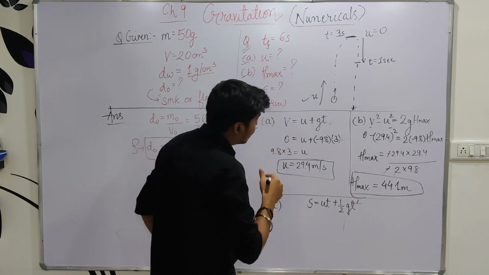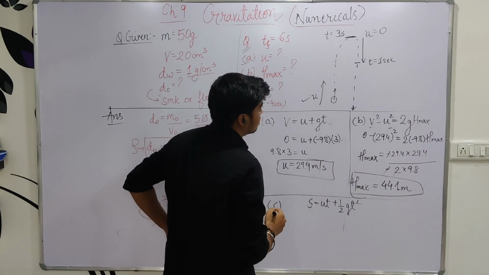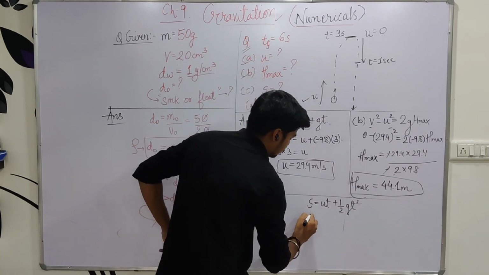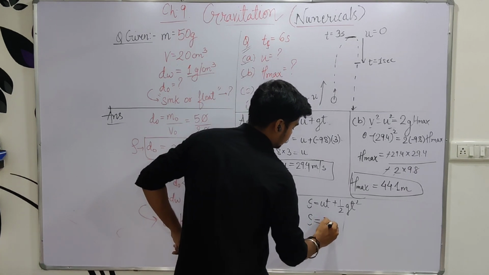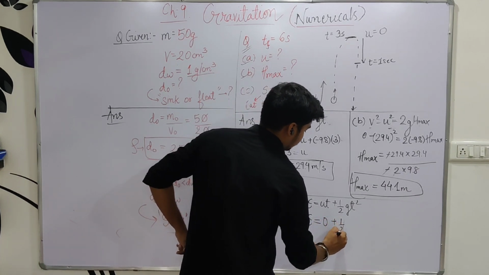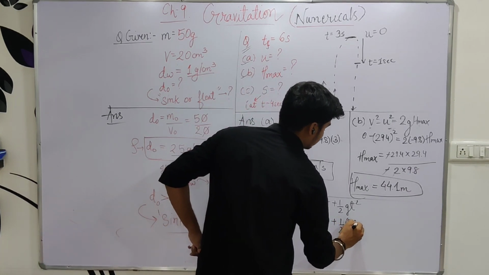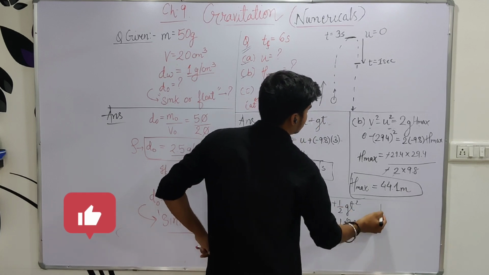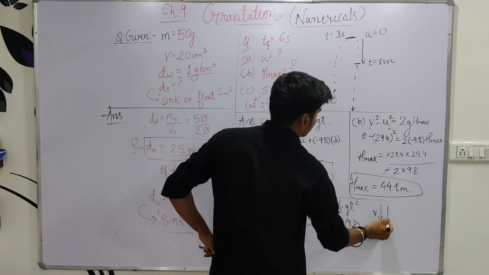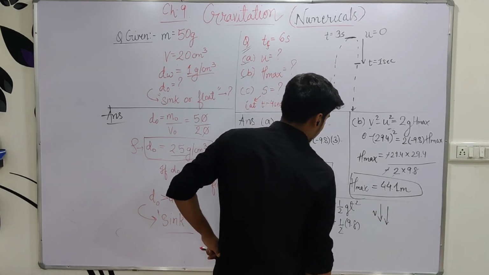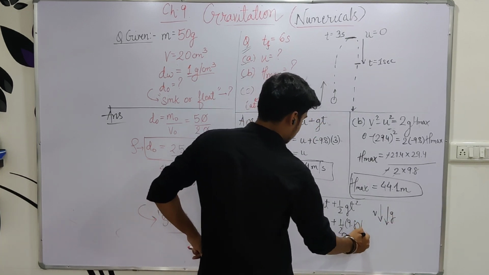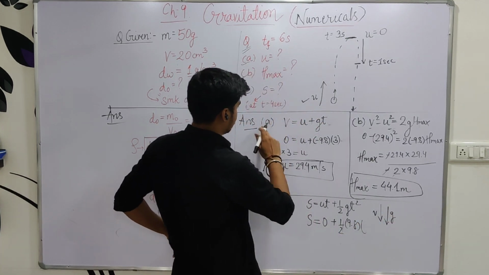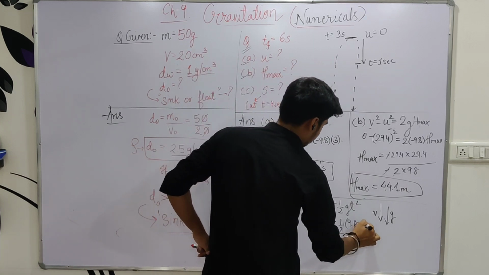Here I will take the displacement. Okay, we have to calculate the displacement. Initial velocity as 0, plus half 9.8. This time I will take it as positive, as the velocity is in the downward direction, and the gravitational acceleration is also in the same direction, and the time, 4 seconds.